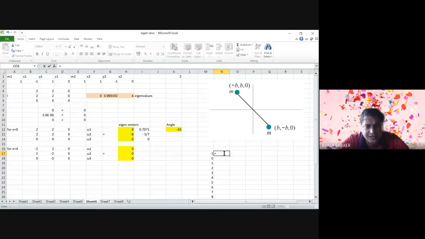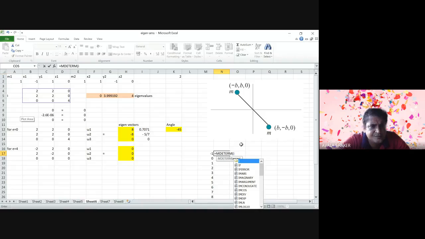Here again we'll write the determinant. Your vector is, I think, I minus B. Let me take -1.